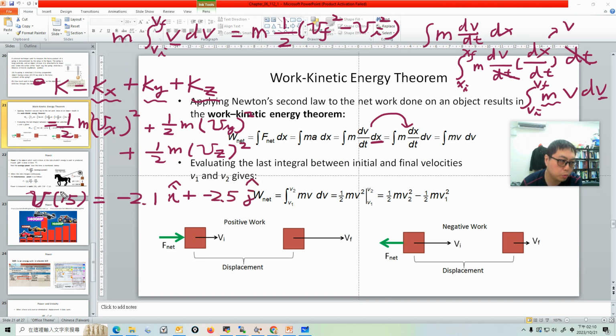If I assume the mass of the rabbit is 2.5 kilograms.